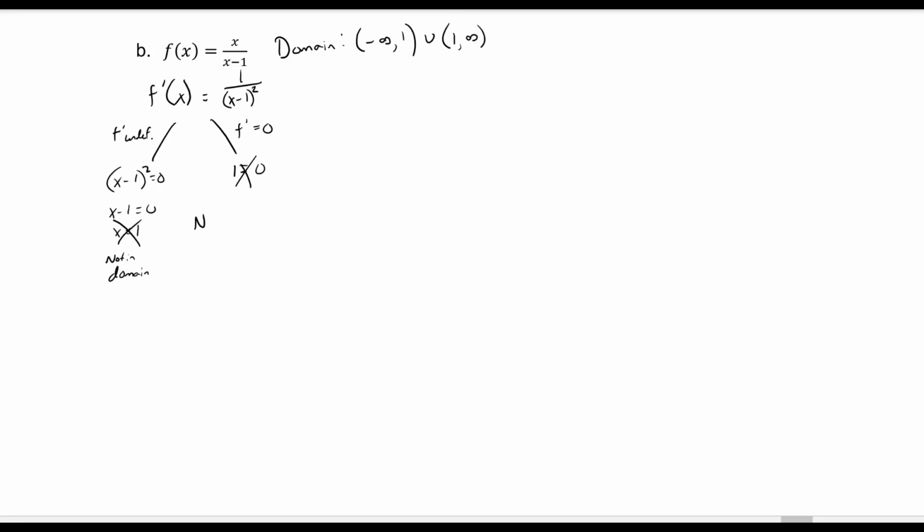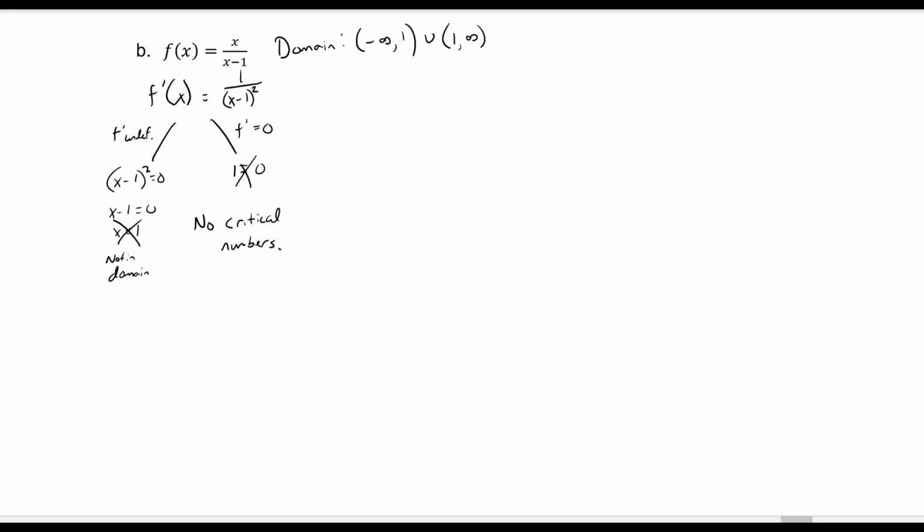So in this case, we have no critical numbers. Again, you should state this. But does that mean we can't find intervals of increasing, decreasing? No, that just means we don't have any extra points to divide our domain up at.